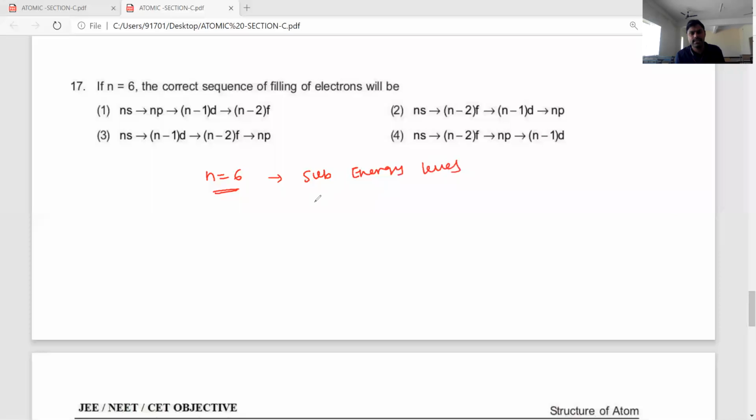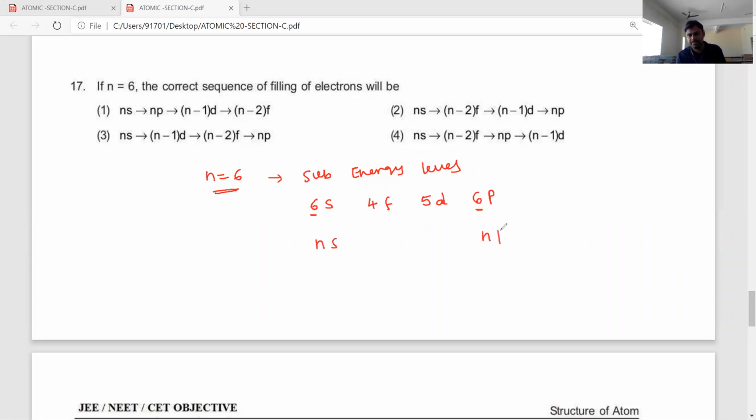Sub energy levels are 6s, 4f, 5d and 6p. Okay, in this, this is nothing but n. See, n is equal to 6 means ns.